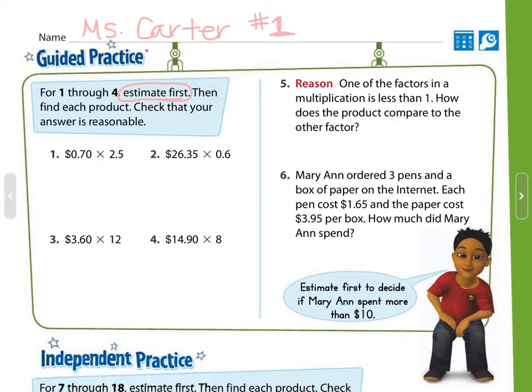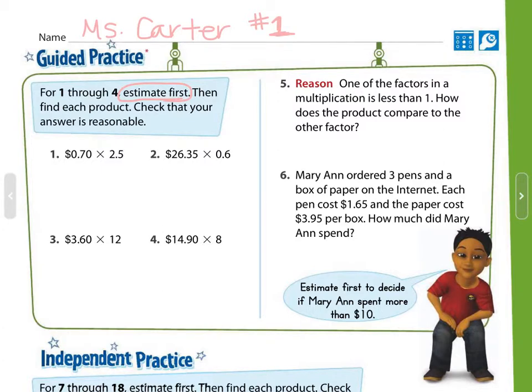So the first one we have is 70 cents. Notice it's cents because the 7 is after the decimal, and that is 7 tenths of a dollar, times 2 and 5 tenths.